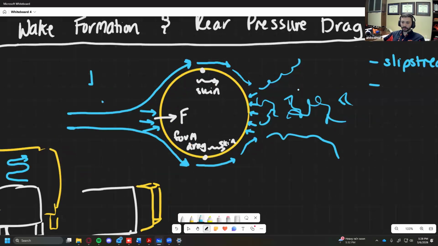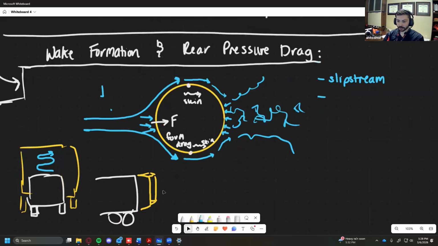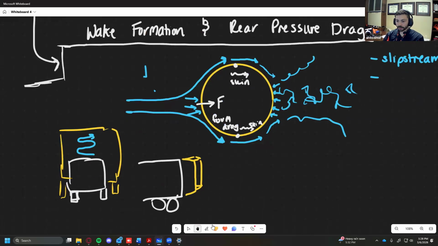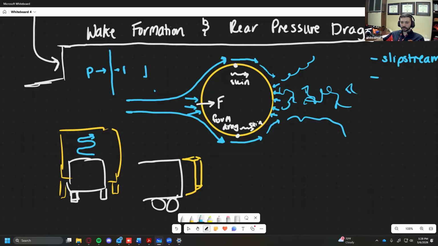You probably all know this already, but if you had something in between two objects, over here you're applying a pressure, and over here there's a lower pressure, this object will tend to want to do something like that. It's going to be pulled outward. So this negative pressure actually creates even more force backwards.